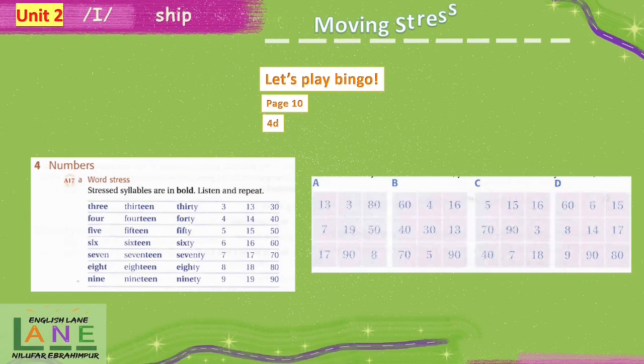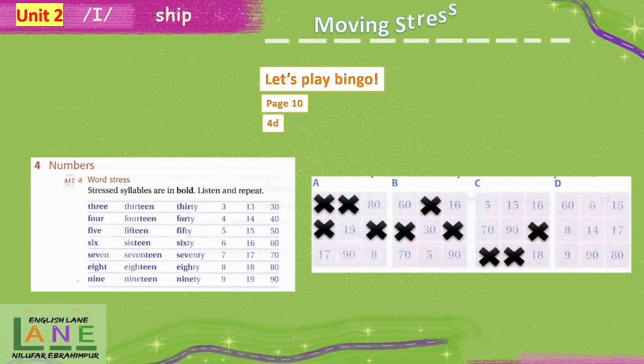For example, we want to start the game. I start and say, okay, everyone, eyes on your squares. I start saying the numbers. I read 13, 3, 40, 4, 7, 50, 5.